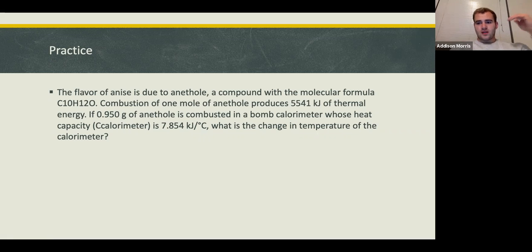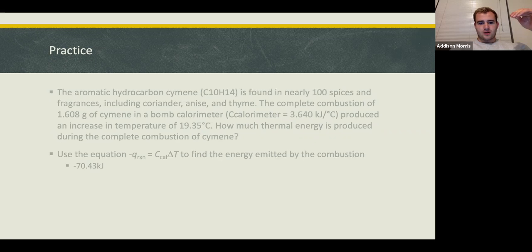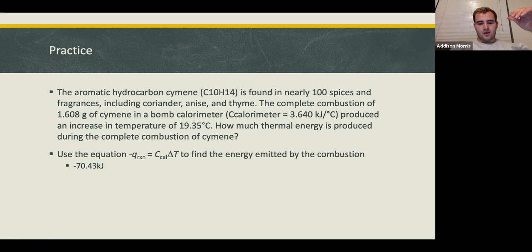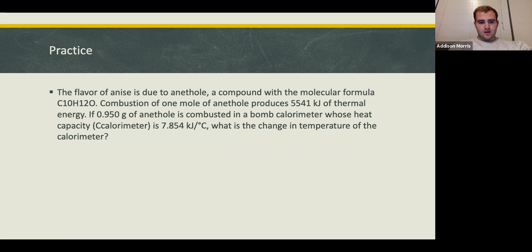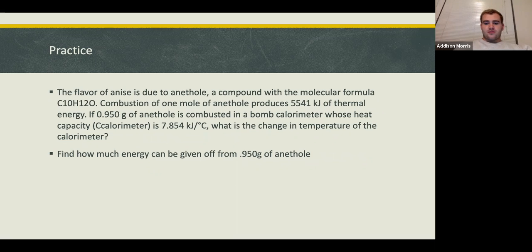So for this one, we take that initial equation. Let's go back up to it. We have it right here. We're just going to flip it around, and delta T is equal to the energy that is given off over the heat capacity of the calorimeter. First we have to figure out how much energy is given off. We know how much for 1 mole, but we don't have 1 mole, we have 0.95 grams.